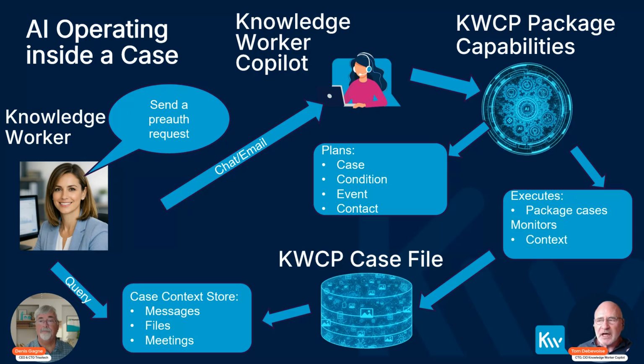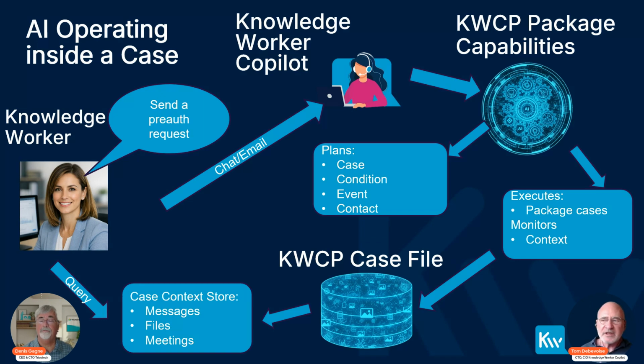And it is utilizing these pre-packaged capabilities to write emails, to understand what the emails mean, to route the information to the proper process step, and then monitor the context of the ongoing discussion.